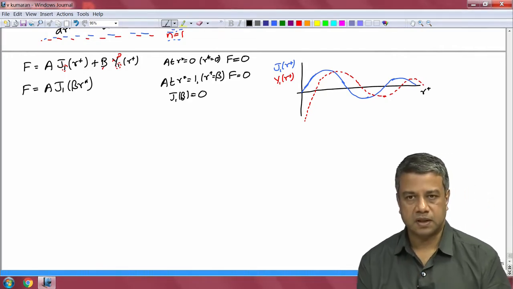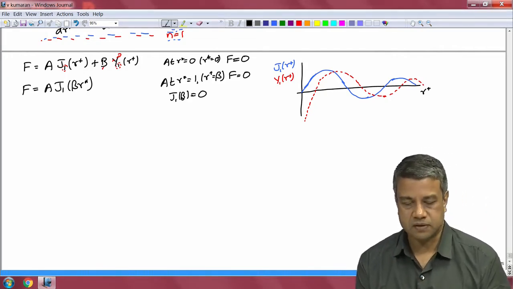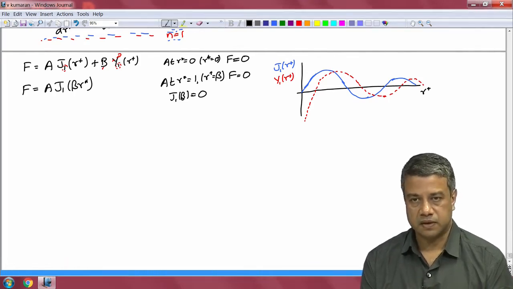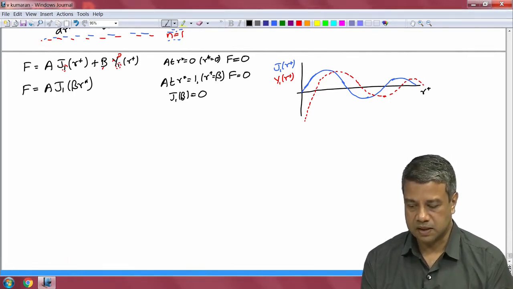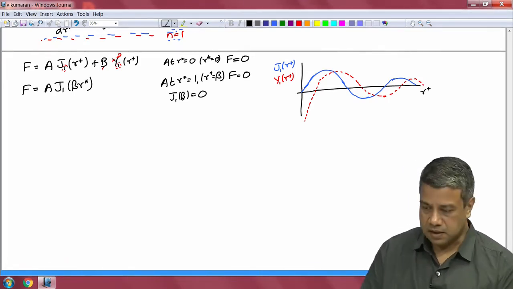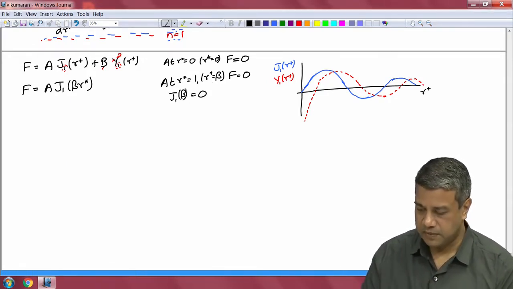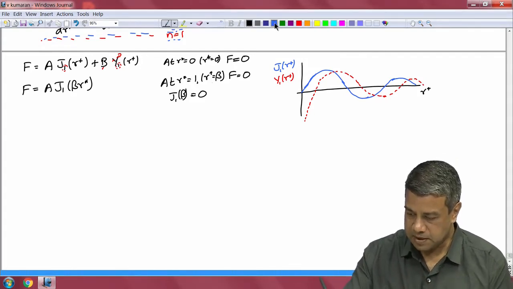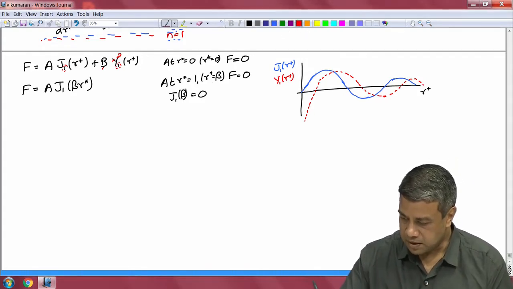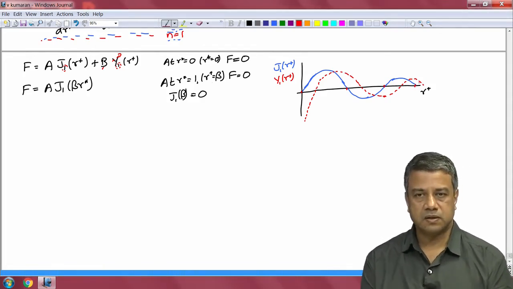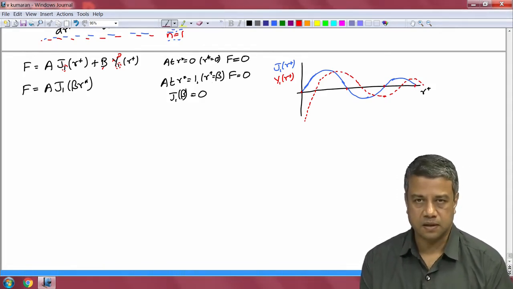The condition that the transient part of the solution has value 0 at r star equal to 1 implies that J1 of beta has to be equal to 0. That means that beta has to be one of these zero crossings of the function J1.